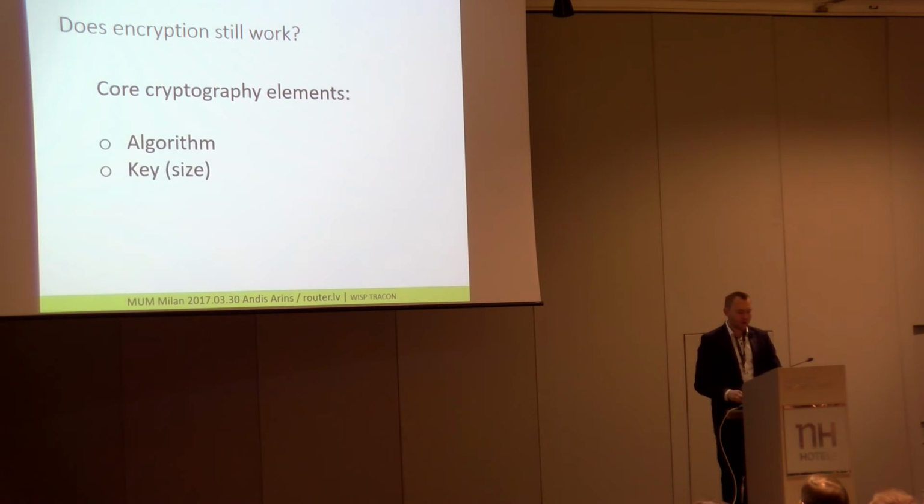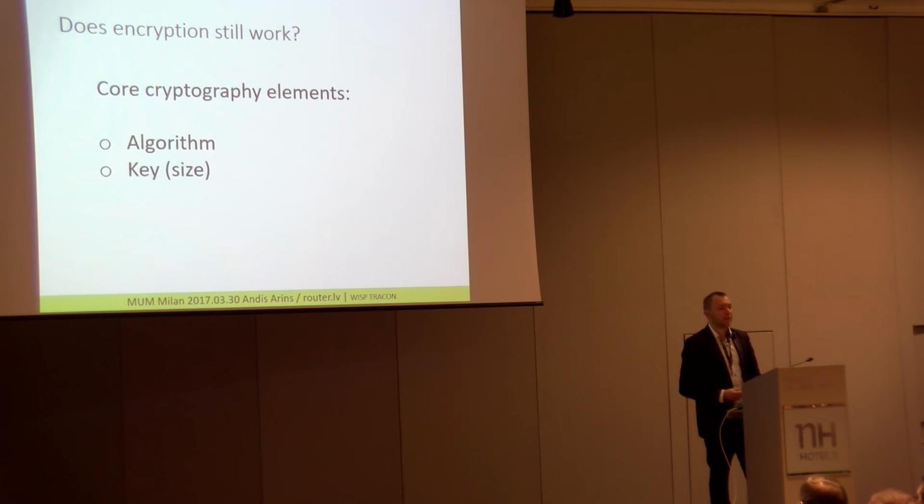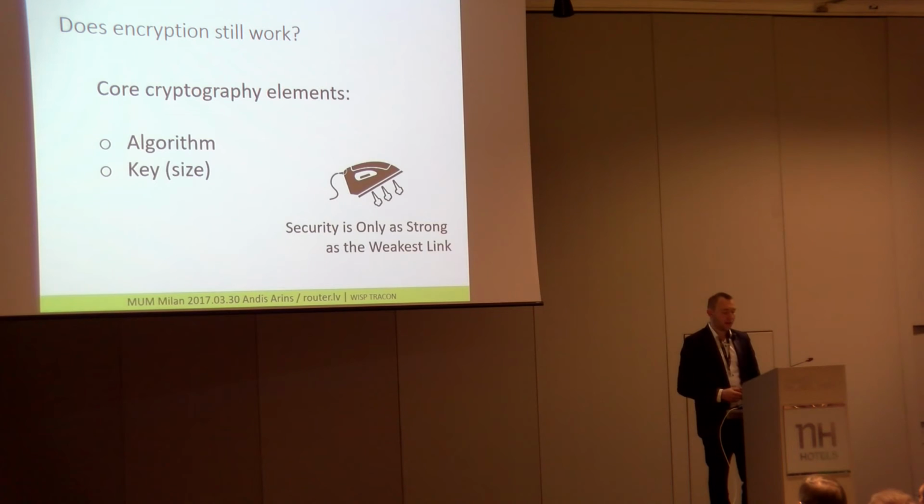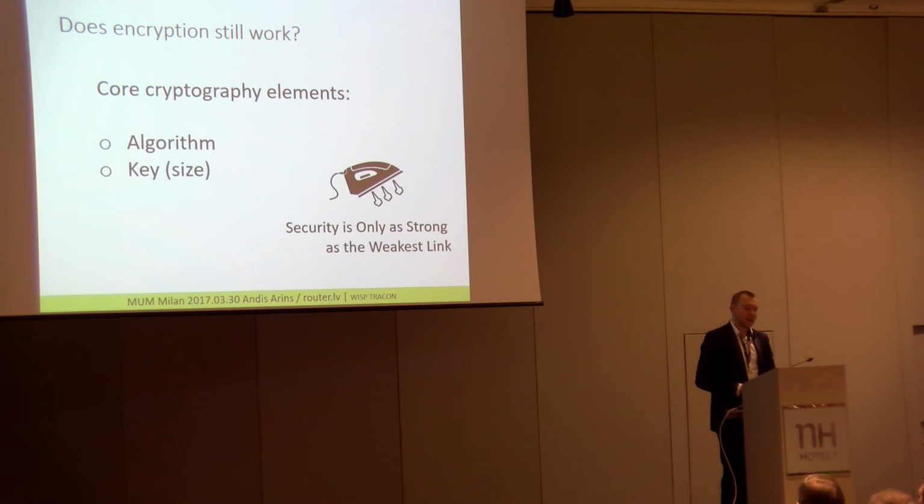The core of it is usually two elements. If we don't speak about hashing, then one thing for encryption is the type and power of algorithm what you use. Another thing is key. So here the security is as strong as your weakest link. Either the key is weak or the algorithm is weak, or both of them are weak.